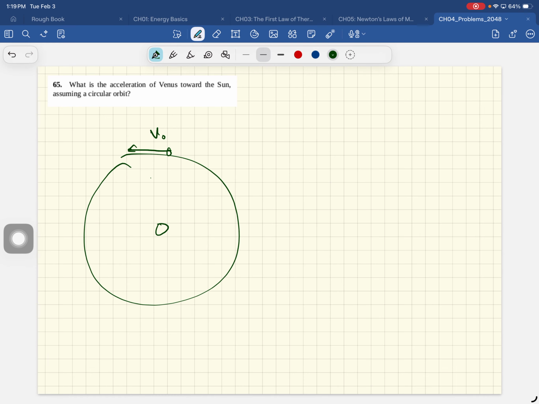Okay, so the acceleration is roughly one 1,000th of a g.